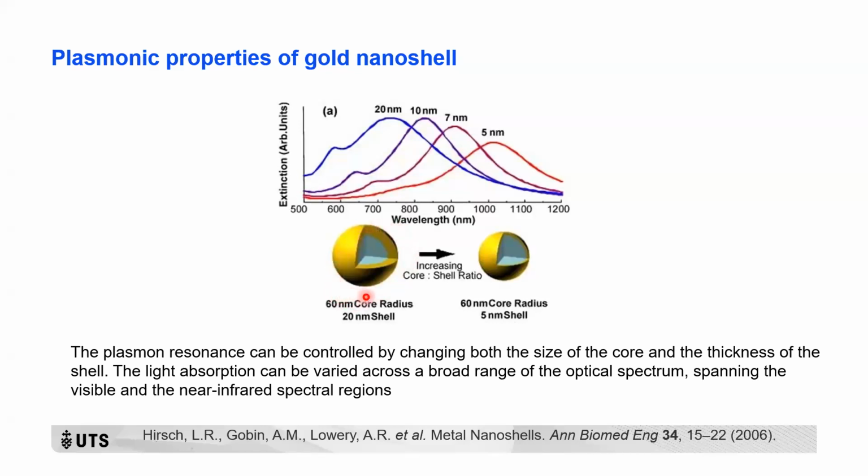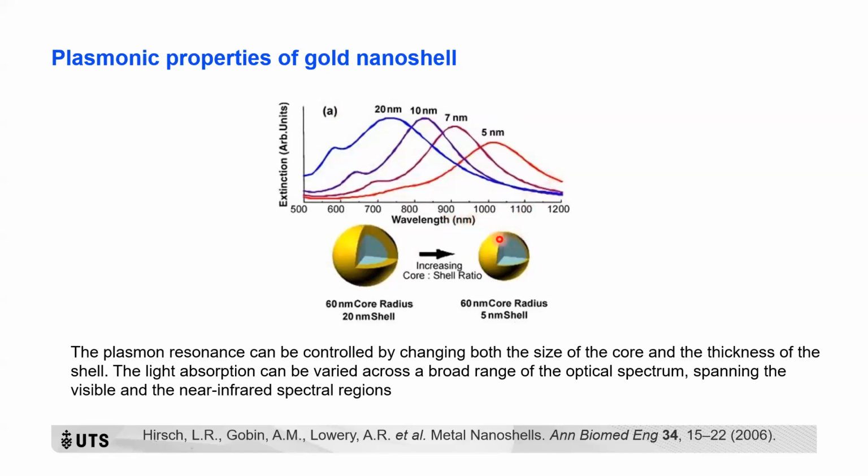Okay, and the golden nanoparticle only has the media and gold interface, but the golden nanoshell, because it has the silica core and the gold coating, has both the media and gold interface, as well as the gold and silica interface. Okay, so it has two interfaces. So it makes things a little bit more complicated.